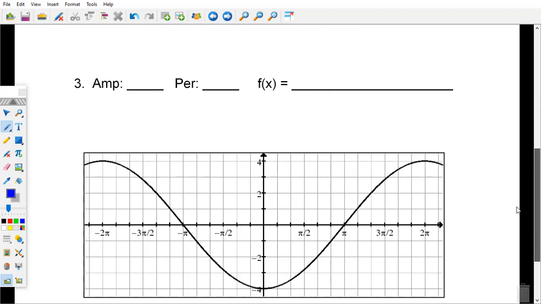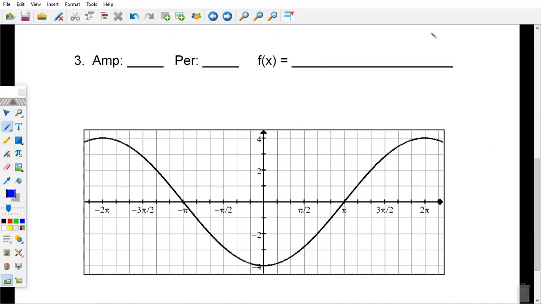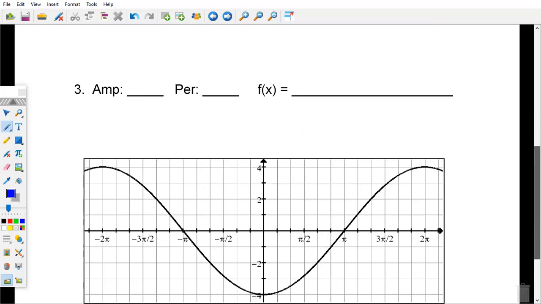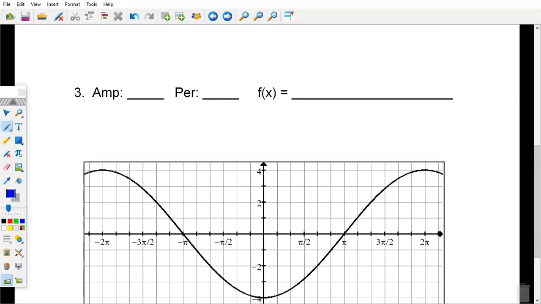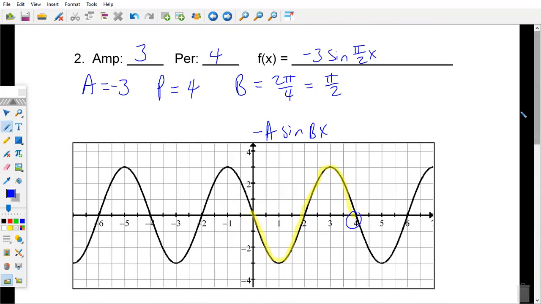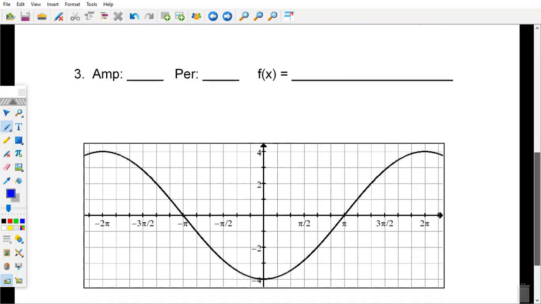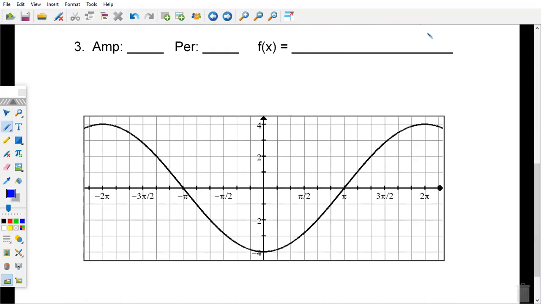Try again. Last one, and then we are moving on to talk about how absolute value affects our functions. Wait, it was negative 3 sine 4x. What's our B value? Pi over 2x. Sorry. Your hint for this one is you cannot see the whole thing.